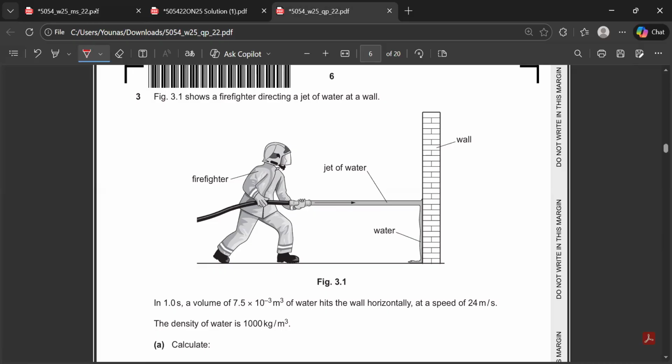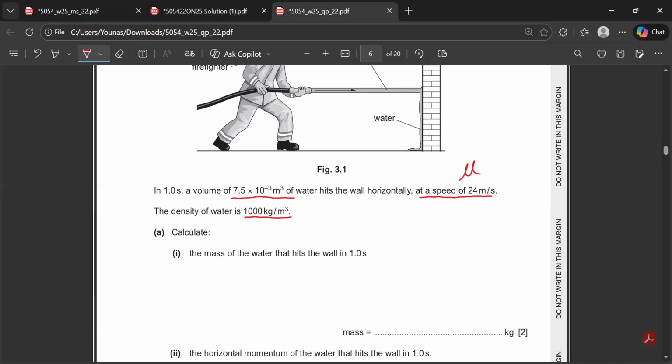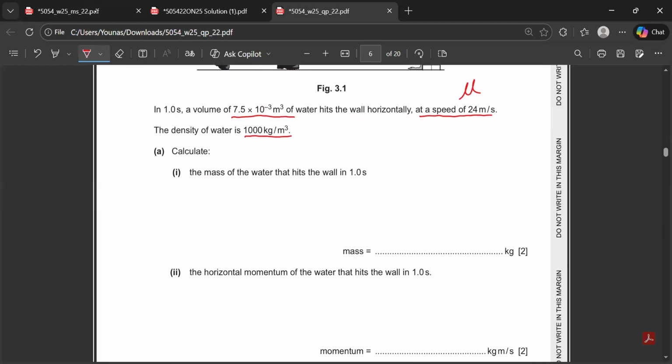In 1 second, a volume of 7.5 × 10^-3 m³ of water hits the wall horizontally at a speed of 24 m/s. This is the initial speed of the water, and this much is the volume of the water. The density of the water is 1000 kg/m³. So this is the story they are telling us. Their first question is to calculate the mass of the water that hits the wall in 1 second.